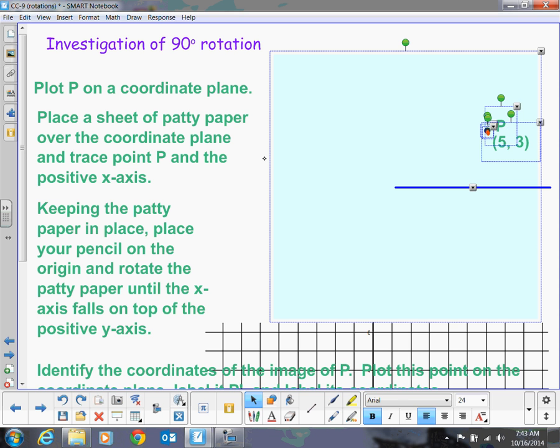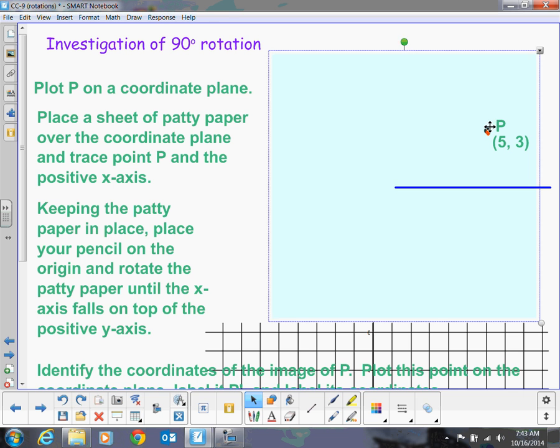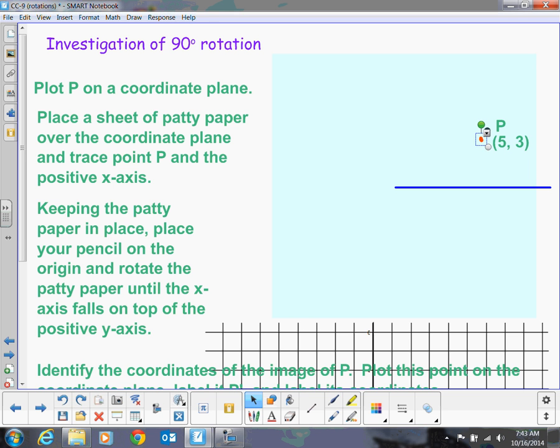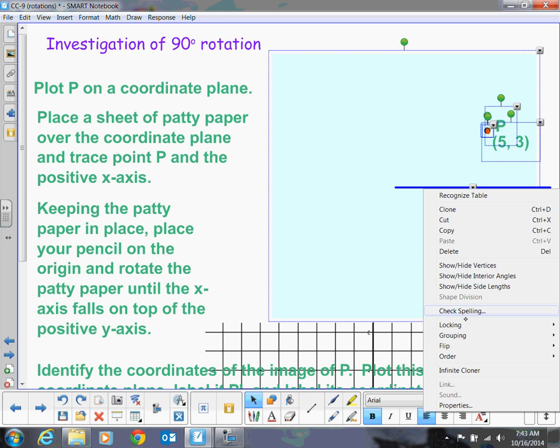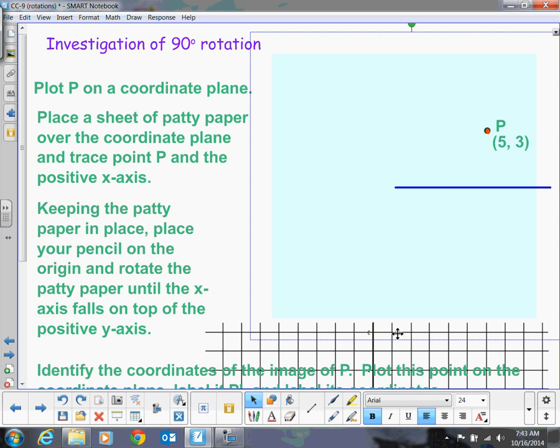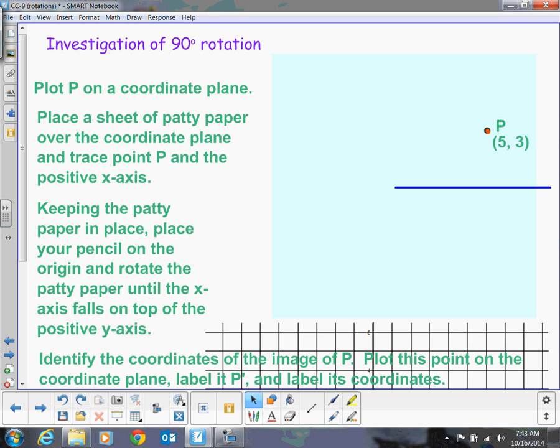Okay, but I really didn't want point P. This is so difficult. All right, we'll still go ahead and go on. Are you with me? Let's put our coordinate plane back up. So here we go.